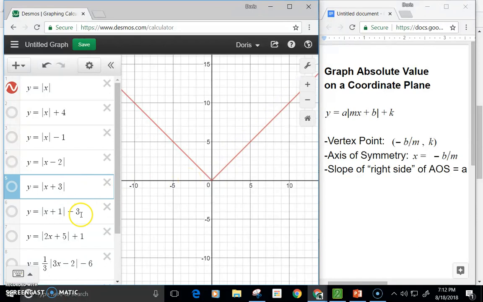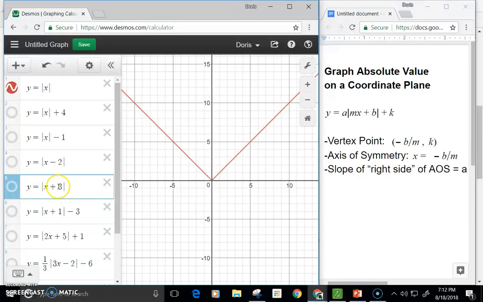So now we're going to take a look at combining some of these shifts, these translations, all in one. We know that when we add to the absolute value function, it will move it up. When we subtract, it will move it down. When we subtract from the x inside the absolute value, it will shift it forward.